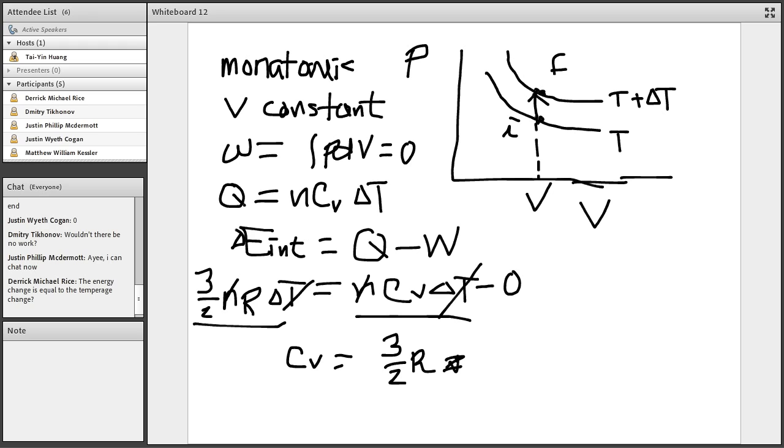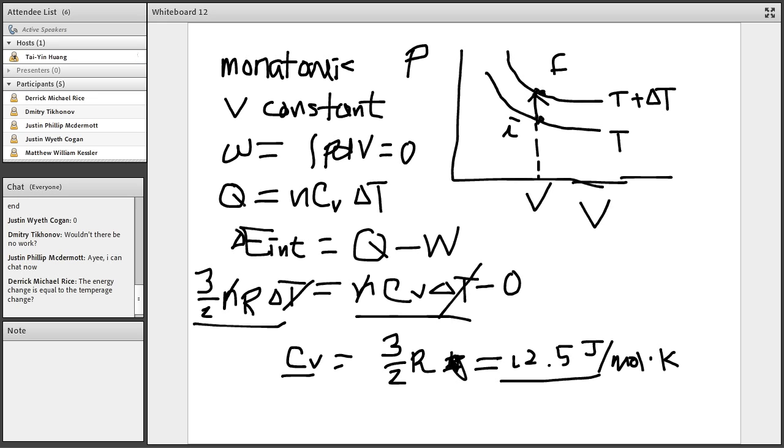So this is equal to 12.5, and the unit is joules per mole per Kelvin. So again, I want to caution you that your CV is equal to 12.5 joules per mole per Kelvin.